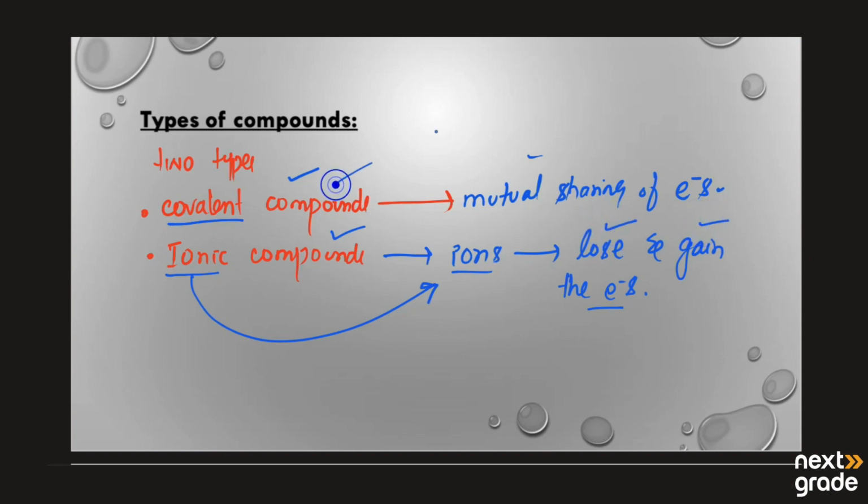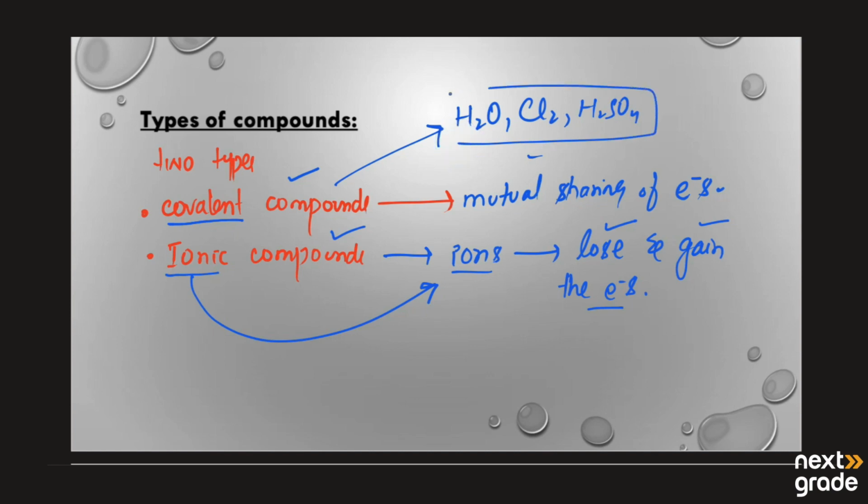For example, covalent compounds include the water molecule, chlorine, and H2SO4. On the other hand, ionic compounds include sodium chloride, potassium chloride, and calcium carbonate.